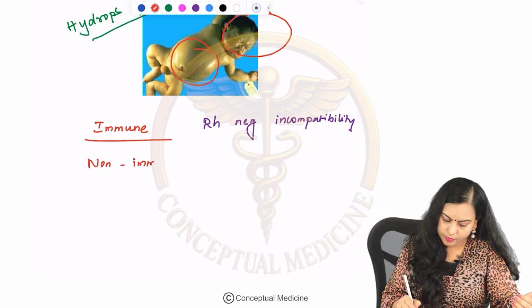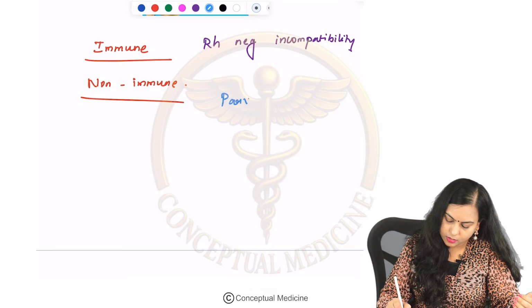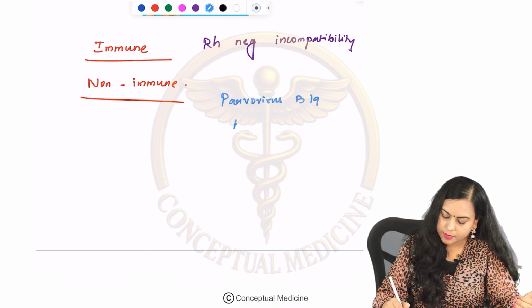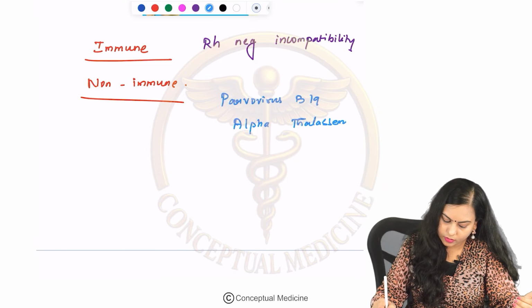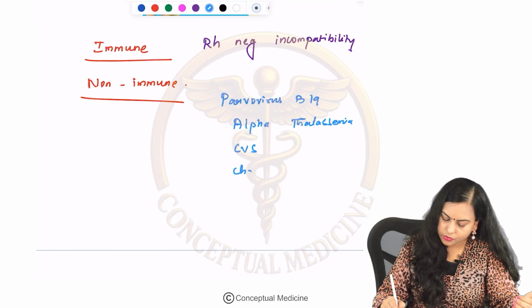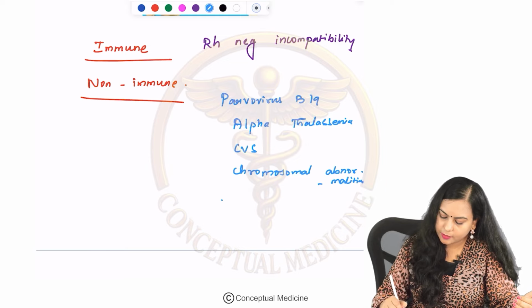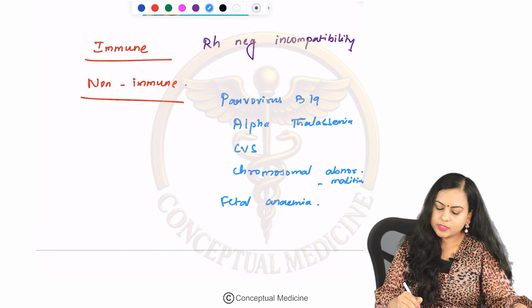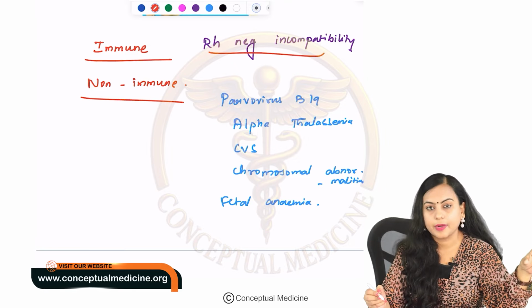Non-immune causes will include infections like parvovirus B19, or it can be alpha thalassemia, any cardiovascular defects or chromosomal abnormalities. Then it can be also due to your fetal anemia. Okay, and so many reasons, but the most important question they ask us, what is the immune cause of hydrops fetalis, which is going to be Rh negative incompatibility.